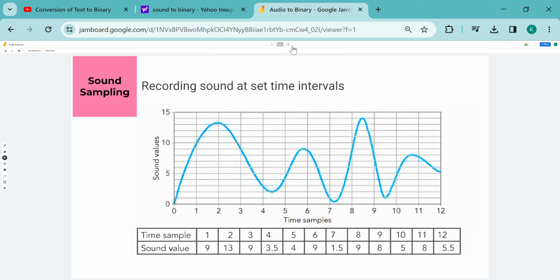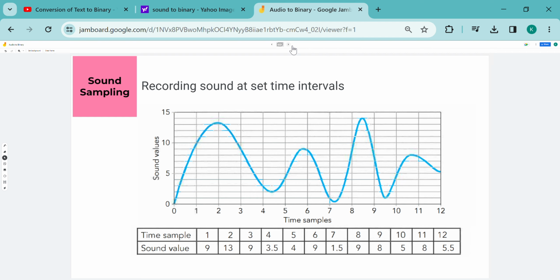As the term is very clear from its name, we are collecting the samples of sound, but at set time intervals. You can see here in the graph that we have two values on different axes. One is time samples and the other one is sound values.